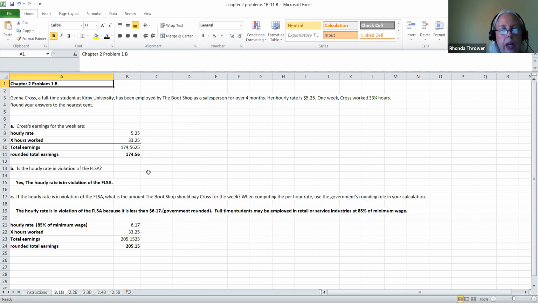that they were paying was $5.25, and they should have paid $6.17. So $6.17, which is 85% of the minimum wage, times the number of hours worked will give you total earnings of $205.152, which was really a 3, which is less than 5, which means that our rounding would still stay at $205.15.